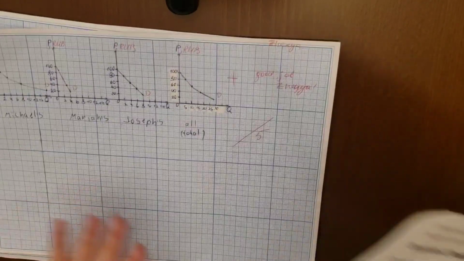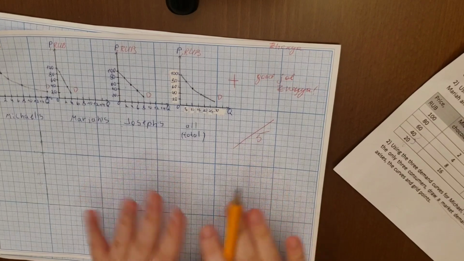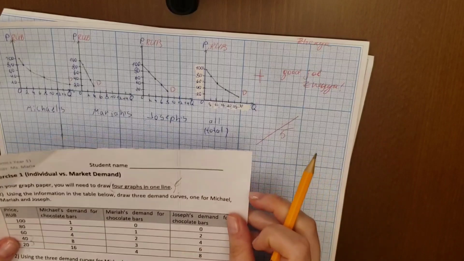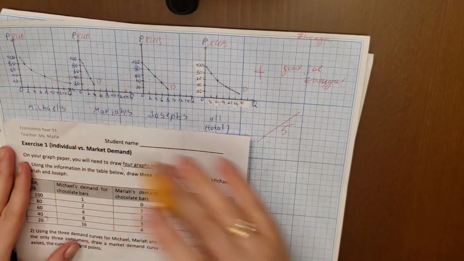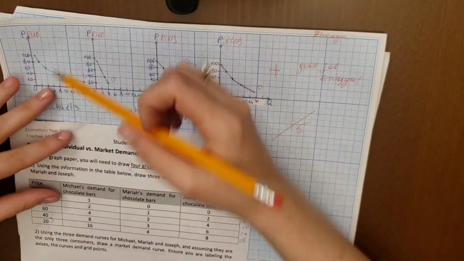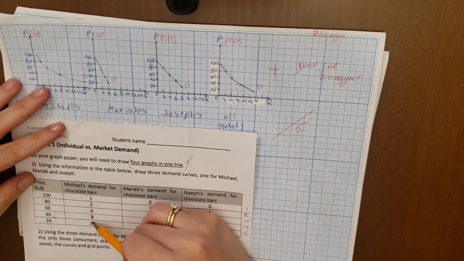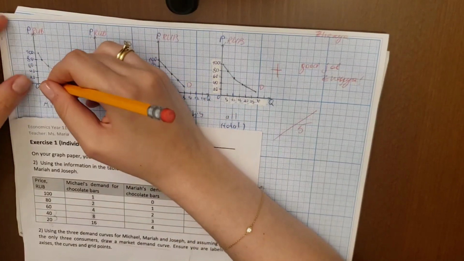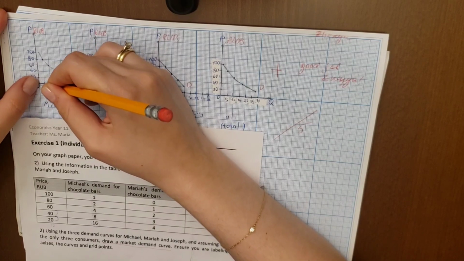So a good example here, and Zhenya did a really good job for this exercise, actually the best job out of the 2 groups. And I just want to demonstrate what he did right on here. So for example, here for the demand curve of Michael, we know that he's consumed 1, 2, 4, 8, and 16 chocolate bars. So he decided, okay, so these 5 little squares would be 2.